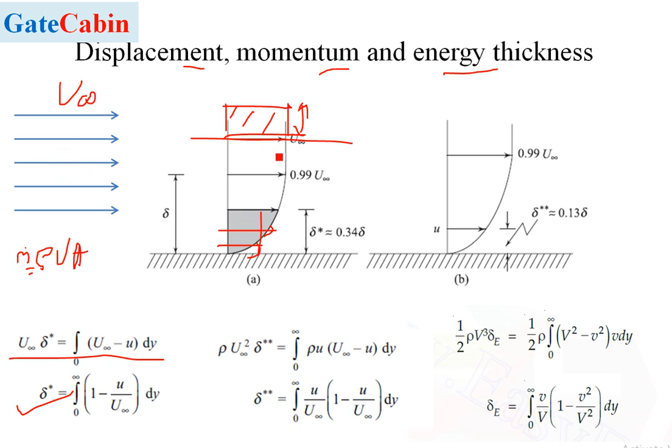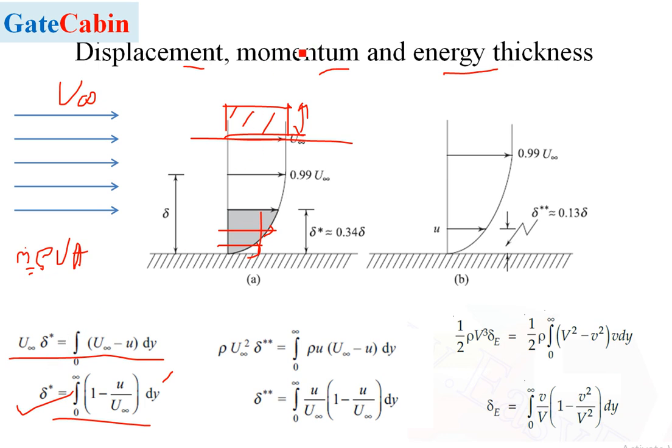The first question we can ask is why we are doing this. I will leave that for you to figure out, and we will talk about it in the next class. So delta star is calculated as the integral of 1 minus u by the free stream velocity. The further calculations you can check in any book related to fluid mechanics. This is called displacement thickness.